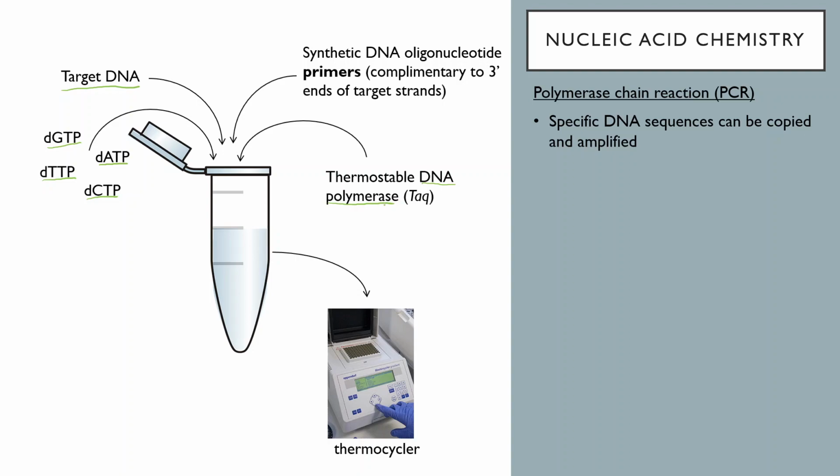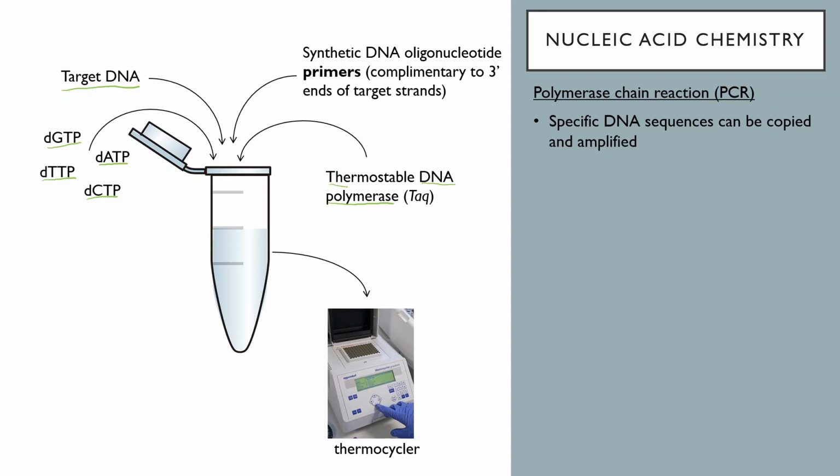Now, in the old days, they would do this with just regular DNA polymerase. The problem is, and we'll talk about why in a second, part of this reaction involves heating up your sample so that you can separate the strands. And the problem with that is most DNA polymerase enzymes are not heat stable, or thermostable, which means that they break down when you heat them up.